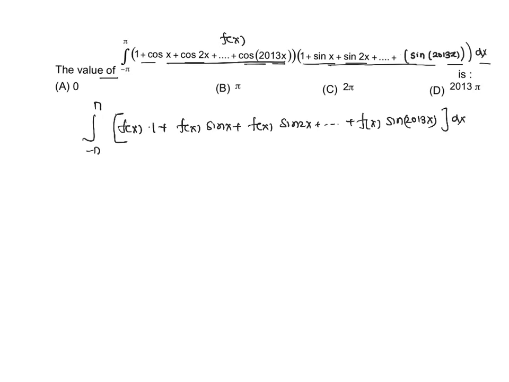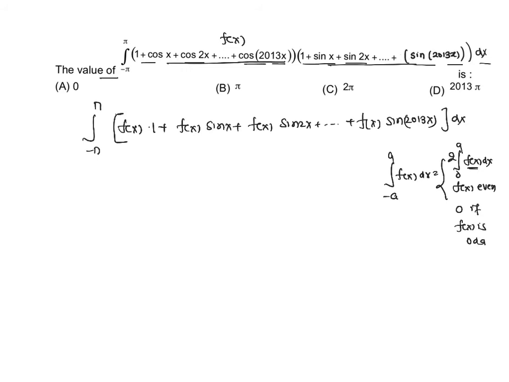Now we know that integration minus a to a of f(x) dx is 2 times 0 to a f(x) dx if f(x) is even, and 0 if f(x) is odd. Correct.